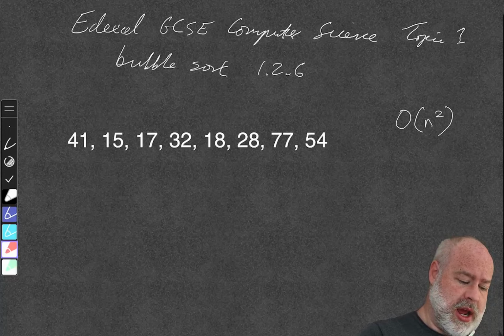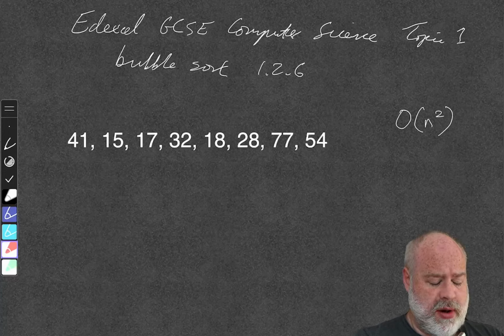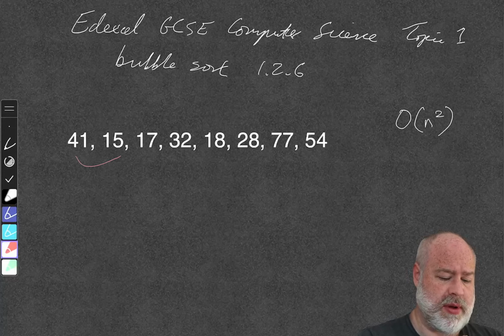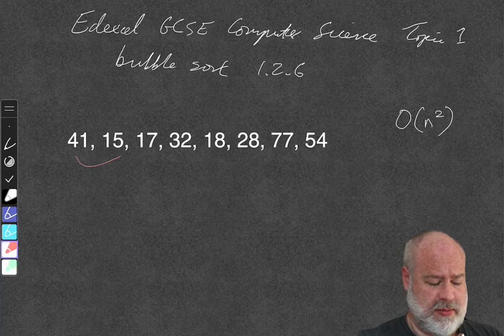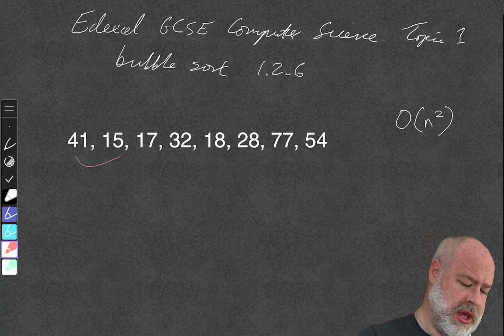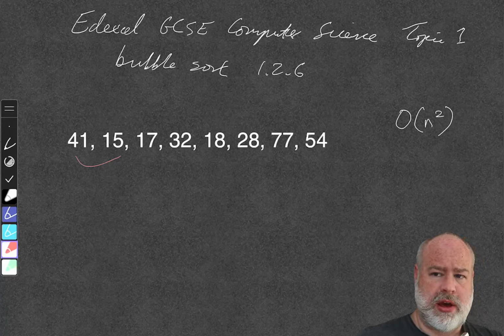We have what we call passes, and in each pass we're going to be comparing all the numbers side by side, all the pairs of numbers, and deciding which one, left or right, is bigger than the other. So in our first pass here, 41 is certainly bigger than our 15.